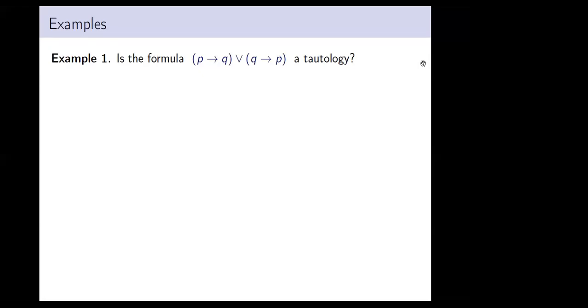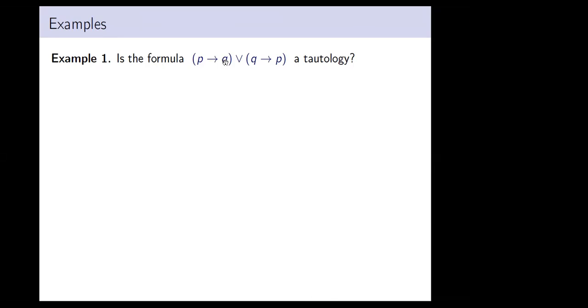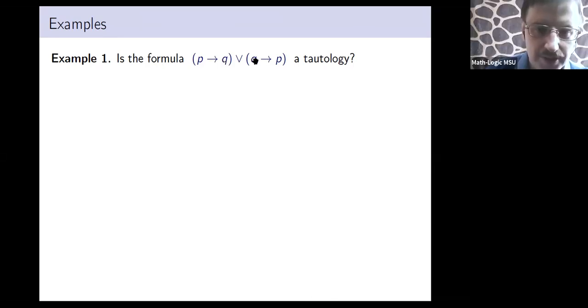If we evaluate variables P and Q in any way, we still can get true. So if P is true, then this implication is true. If P is false, then this implication is true. So it doesn't matter. We can even put Q here and another variable R here and still get a tautology. Yes, quite an unexpected tautology, I would say.